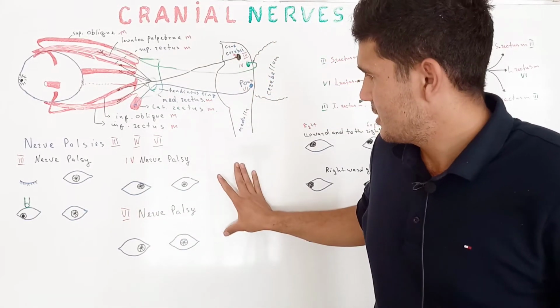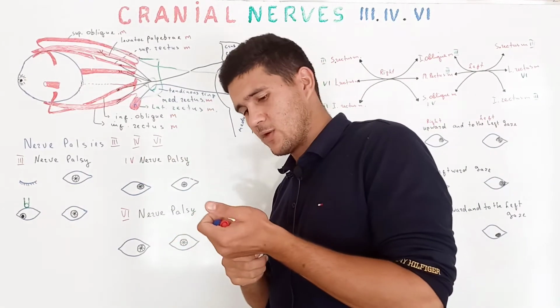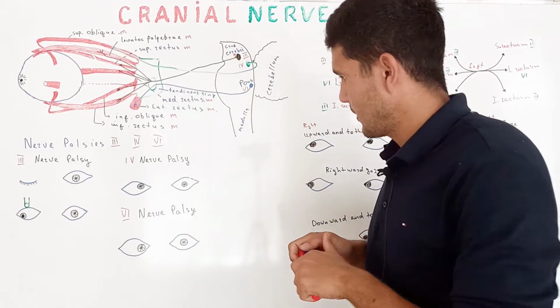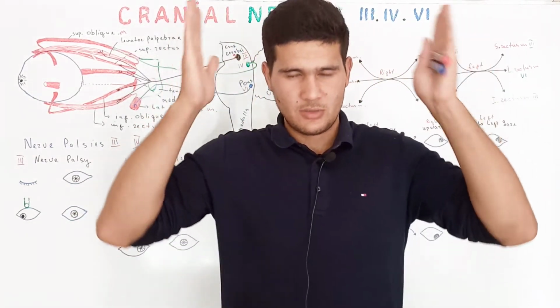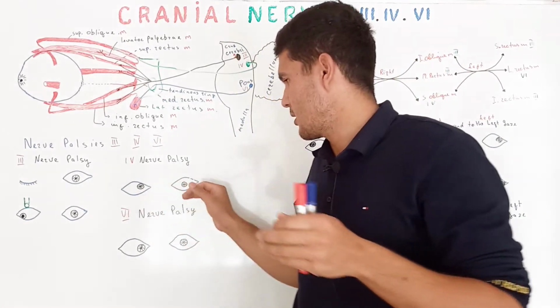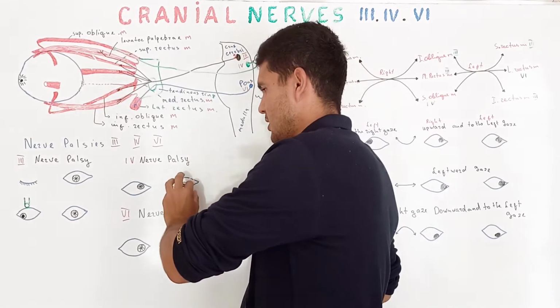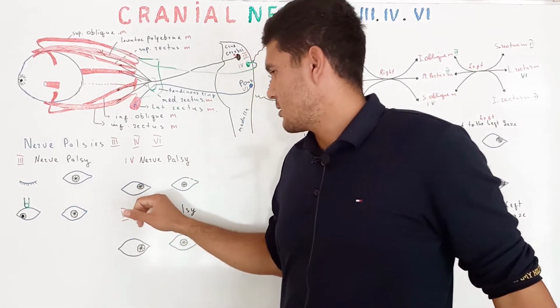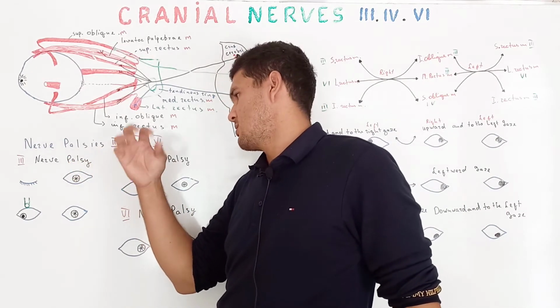And the next palsy is fourth nerve palsy, an abnormal function of the trochlear nerve. When you ask the patient to look directly, the normal eye is located in the middle, but the affected eye deviates to the nasal and superior part.